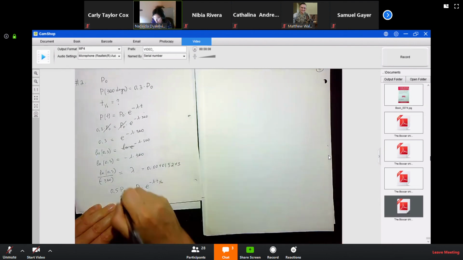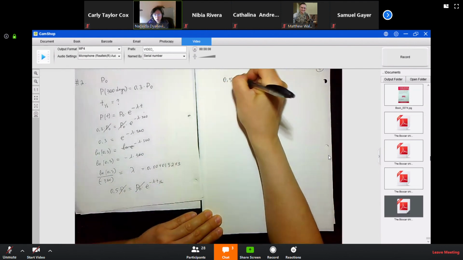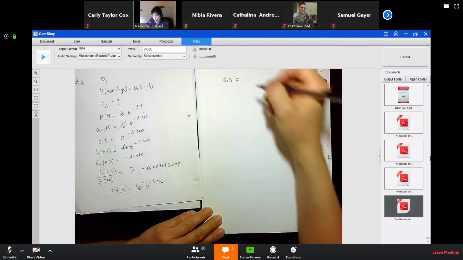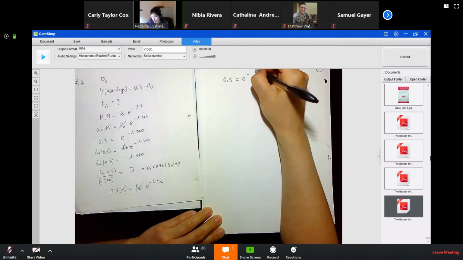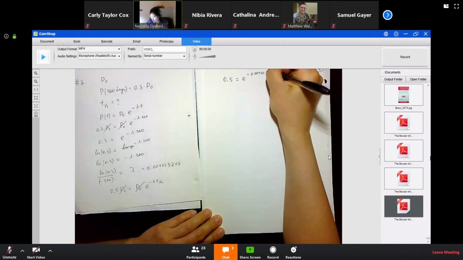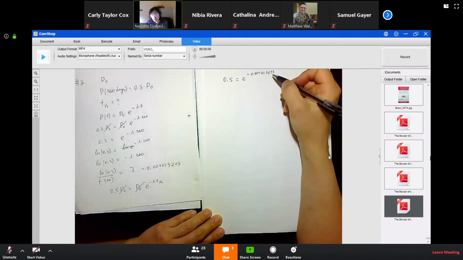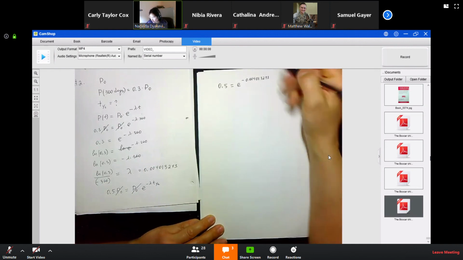We can cancel p sub 0, and we end up with 0.5 equals e to the negative. Instead of lambda, I'm going to write this entire long number. I'm keeping all my decimal places because this is not my final answer. I don't want any round-off error at this time.